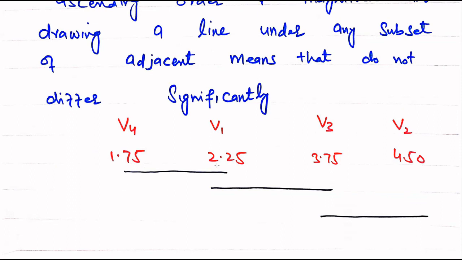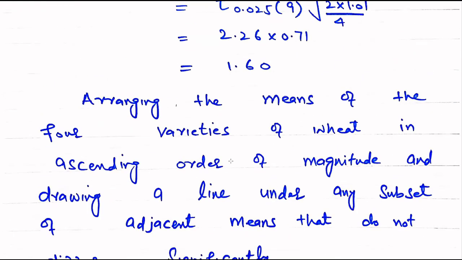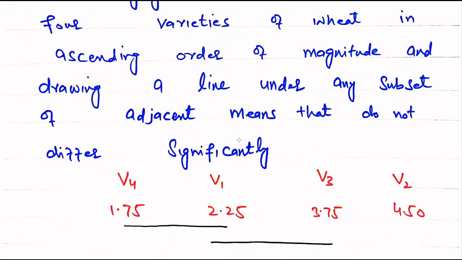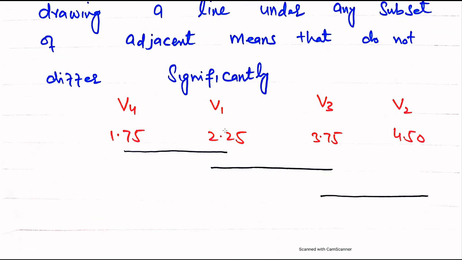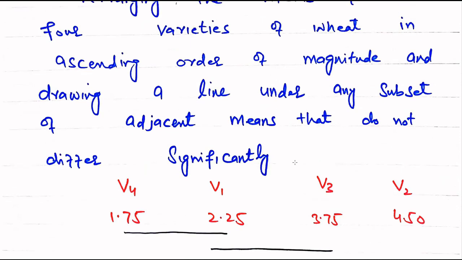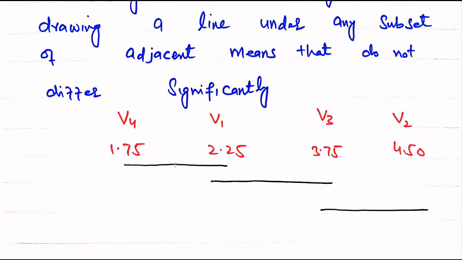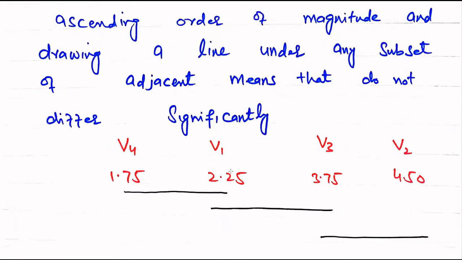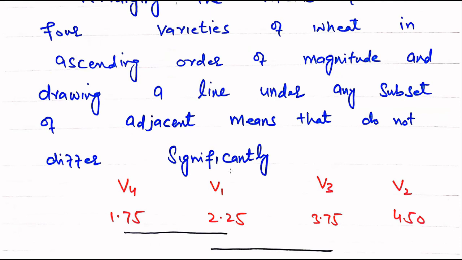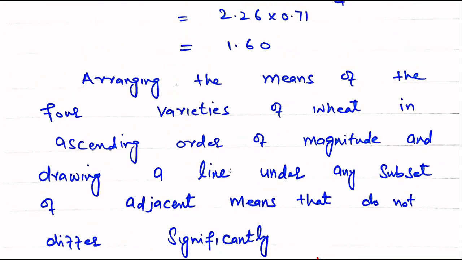Their differences, 1.50 and 2.25, are compared with 1.60. 1.50 is less than 1.60. Similarly, the difference between V1 and V3 is less. So these treatments that are underlined have insignificant differences, and the remaining combinations are significantly different. We check this with the help of the LSD test.